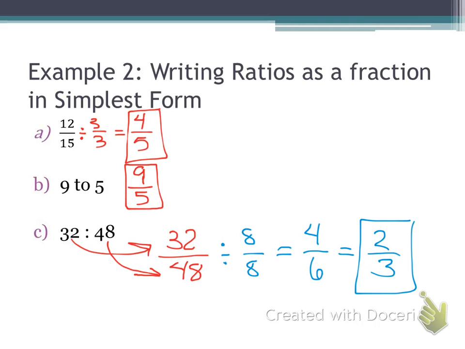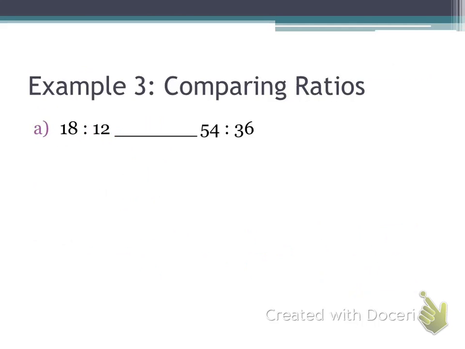All right? Now, last but not least, example 3, comparing ratios. So now, we don't even have to write them in simplest form, all right? We can use our calculators. That makes it a lot easier, right? Now, if you don't have your calculator, you're going to have to do a little bit of work.